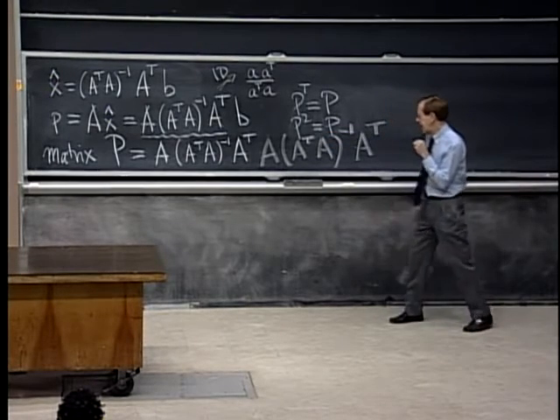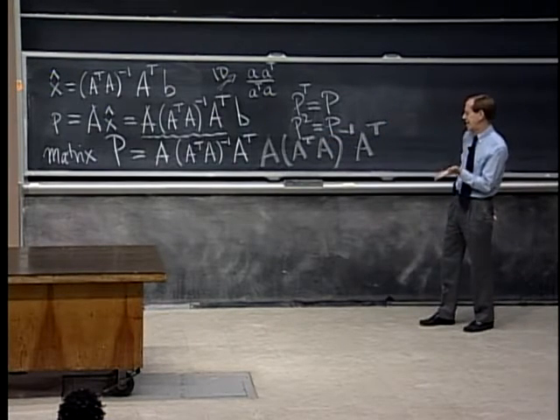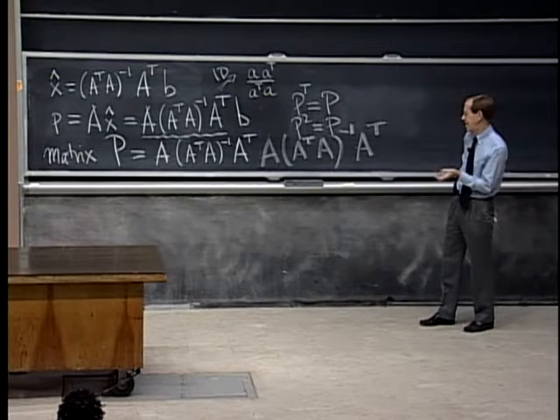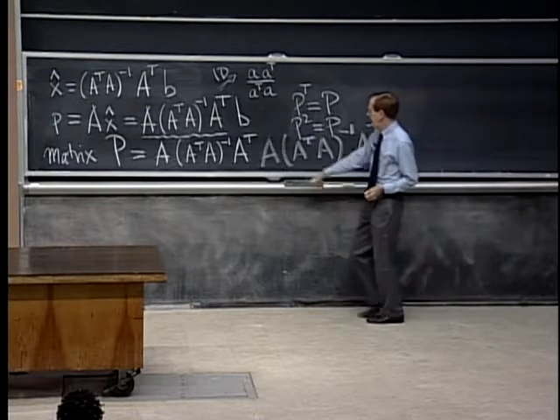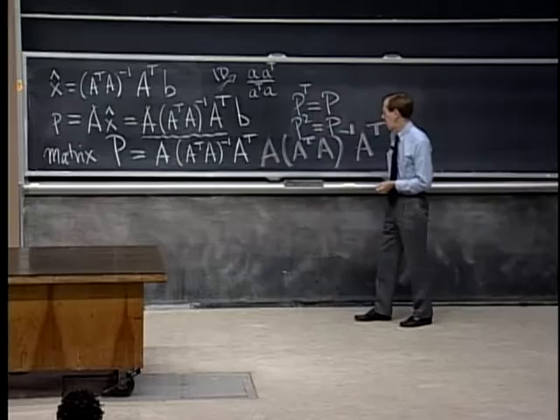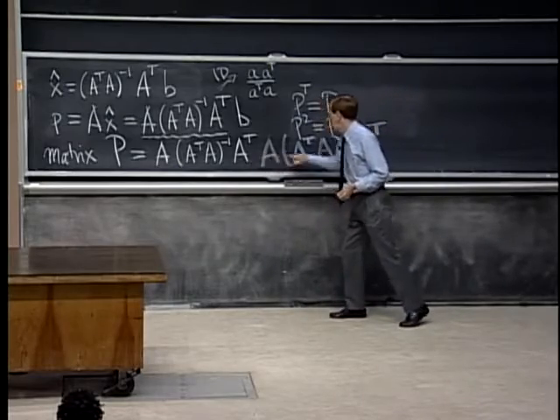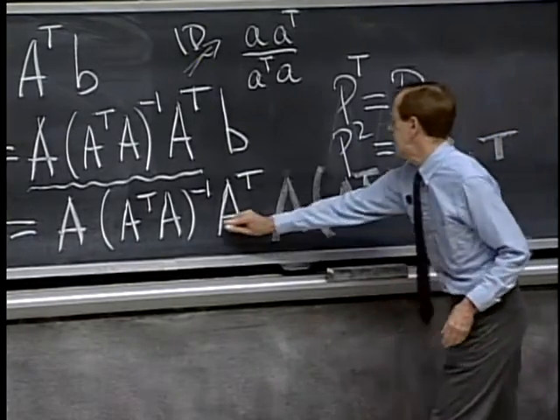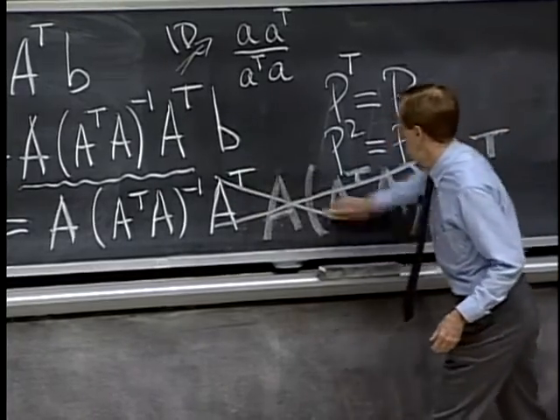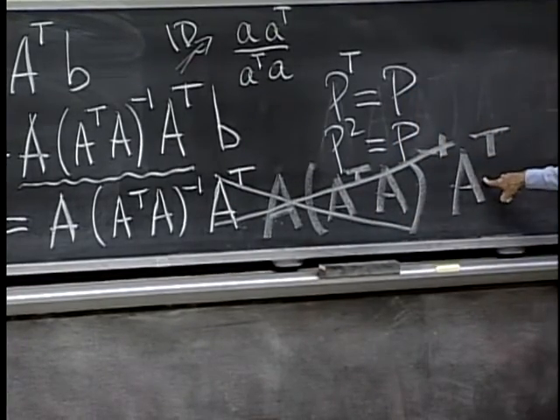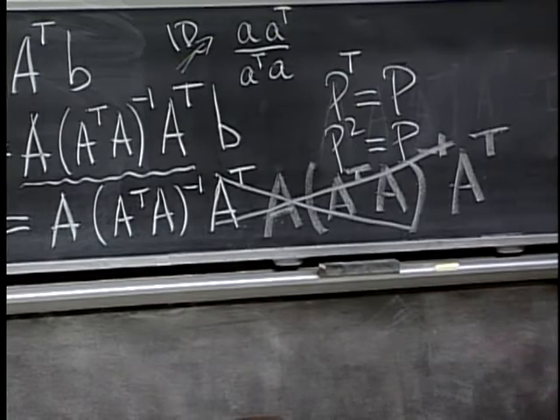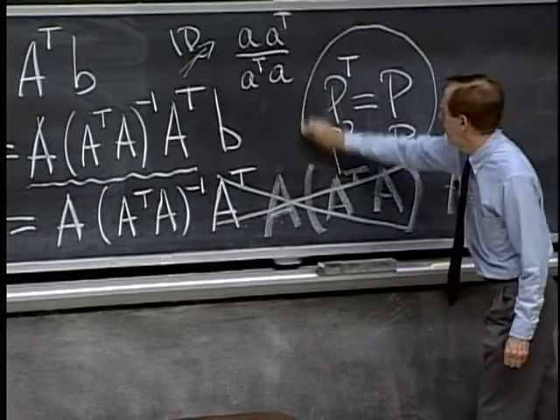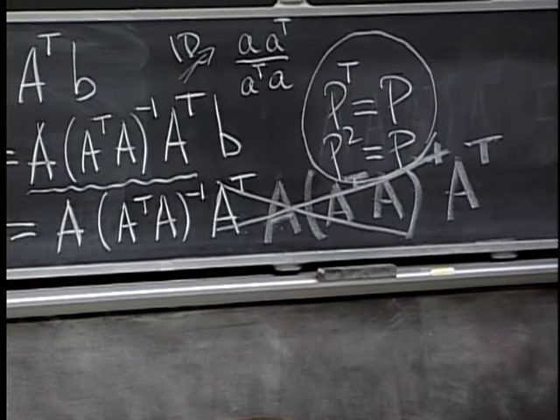I just want to put parentheses in good places so I see what's happening. Here's an A transpose A sitting together. So when that A transpose A multiplies its inverse, all that stuff goes, and leaves just the A transpose at the end, which is just what we want. So P squared equals P. Sure enough, those two properties hold.